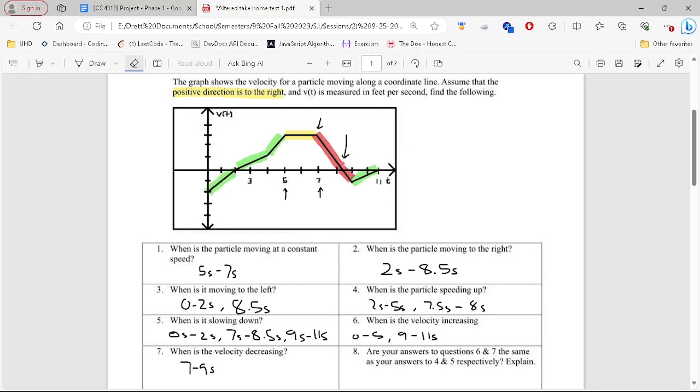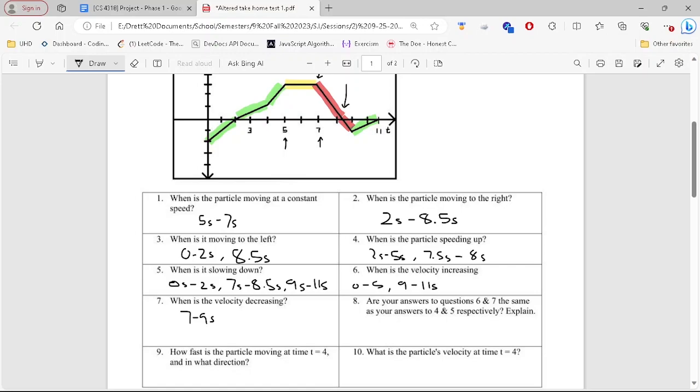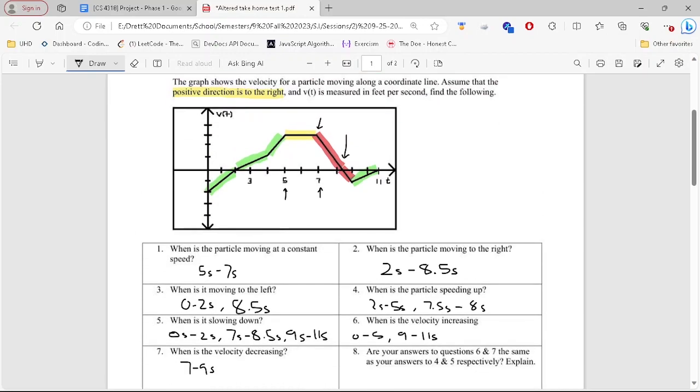You can think of speed as velocity without a direction, the magnitude of velocity. What about when velocity is increasing? That's just when the change in velocity is positive. So Vf minus Vi is positive.